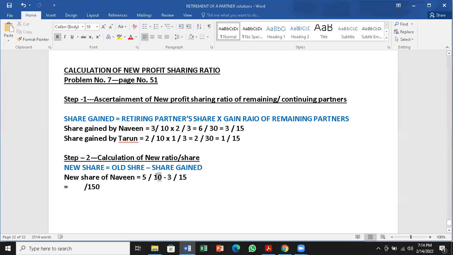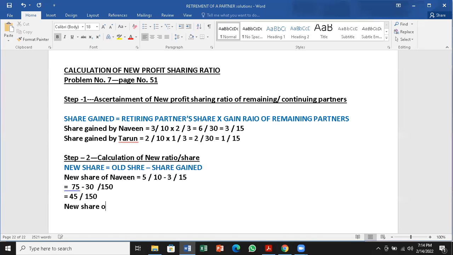So 150 divided by 10 is 15, 15 into 5, 75, minus. 150 divided by 15 is 10, 10 into 3, 30. That is equal to 75 minus 30, 45 divided by 150.